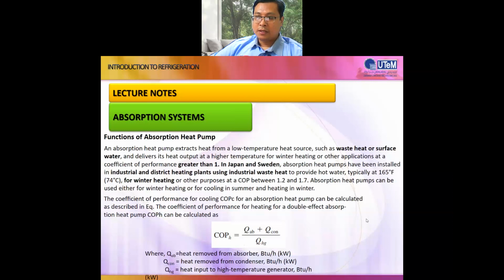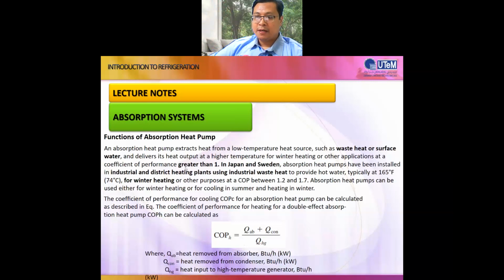It is a comparison from the lower temperature to the higher temperature, and if there is a large difference it creates high efficiency.